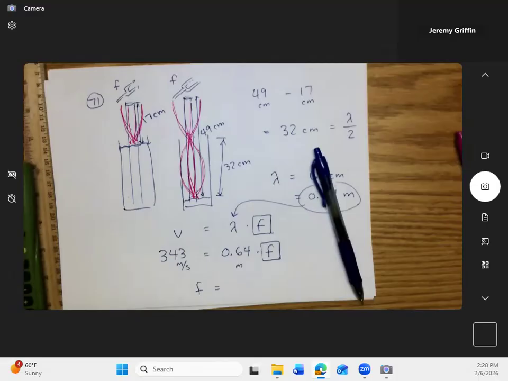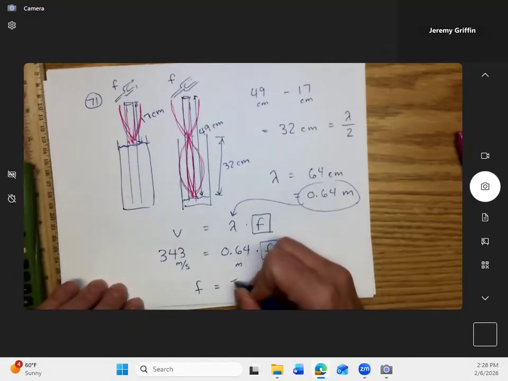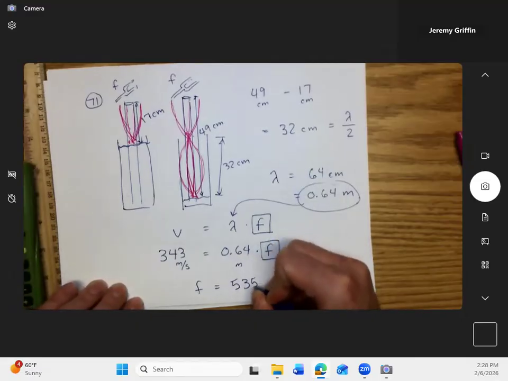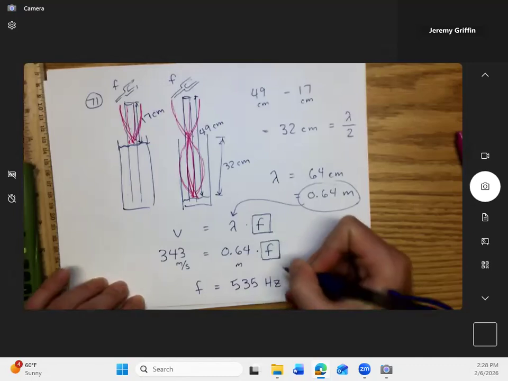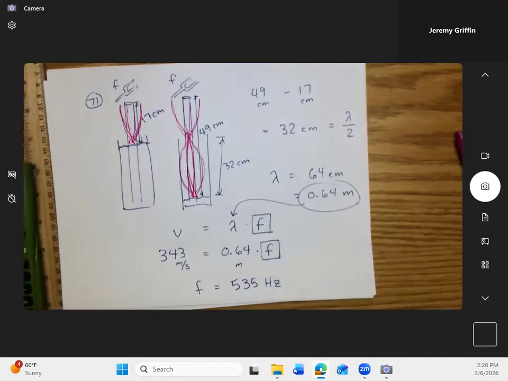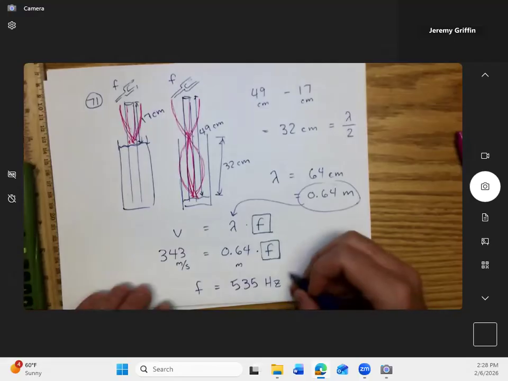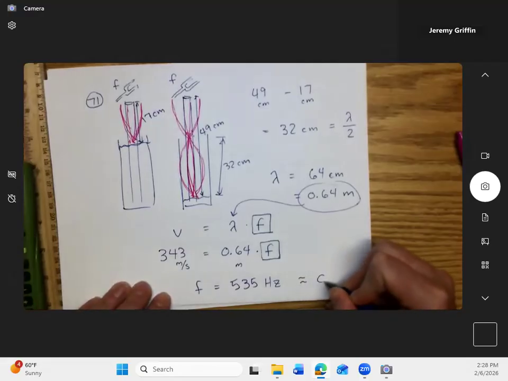Probably low. 535. Yeah, that's what I'm getting too. 535 hertz. According to Google, it's very close to the note C5. So basically a C note.